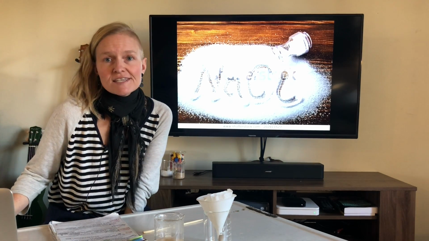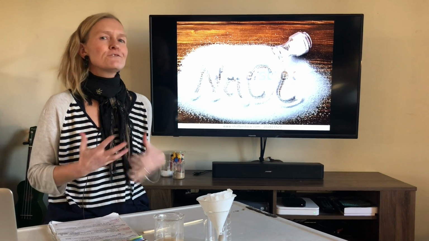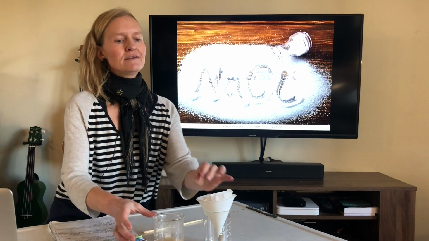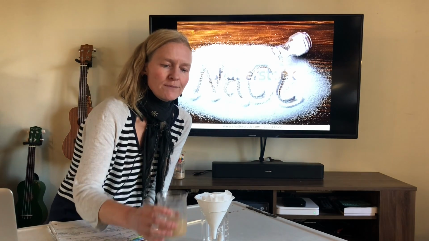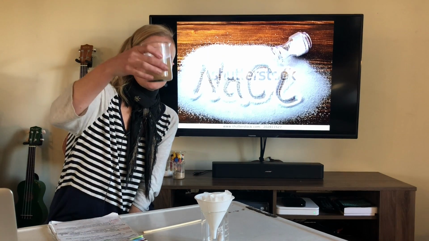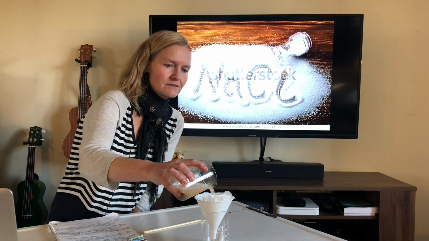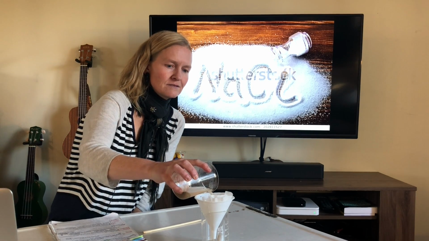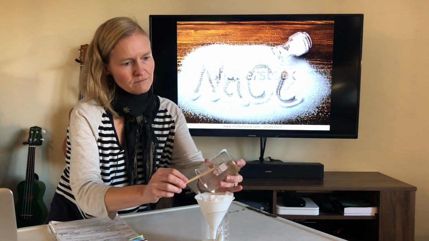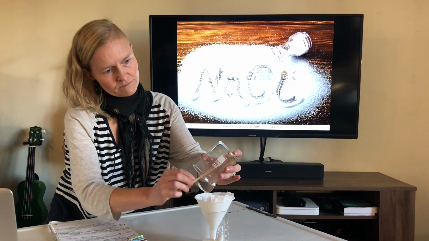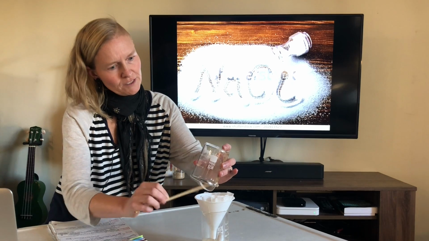Now, mixtures can usually be separated in some way. There's different ways that can happen. Most of them, anyways, there's ways to separate them. So what I'm going to do is pour this mixture that I've made into another beaker. All right, there it goes. Pretty much all of it.